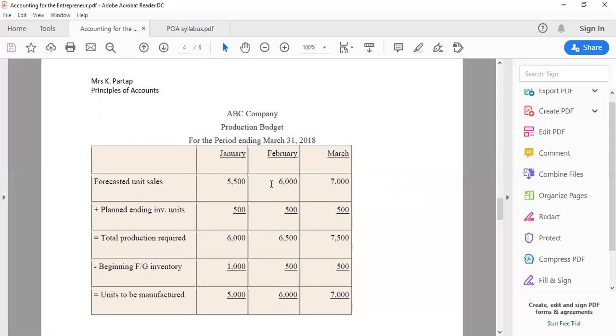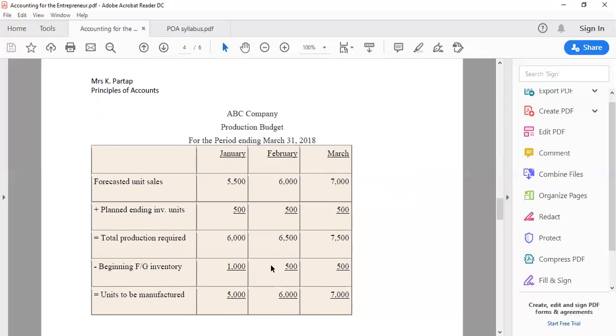So we forecast that we're going to sell 6,000, and our planned ending inventory will be 500, so we add them both together to get the total production required. But then we minus how much we would have had at the beginning of February, right?